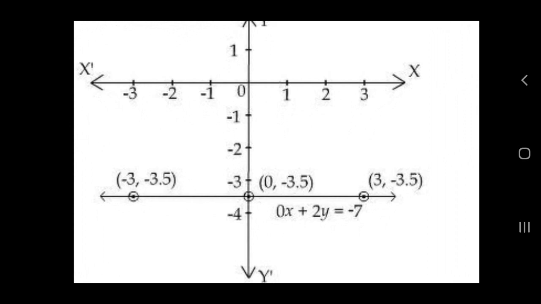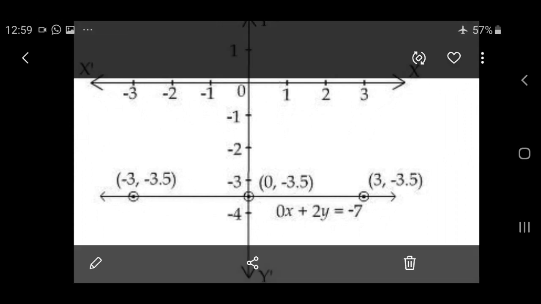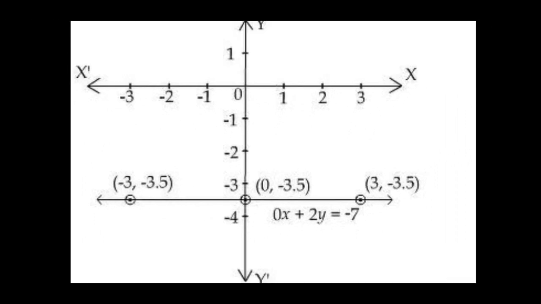But in this case, our graph, this line, is not meeting the x-axis. So this polynomial has no root, no zero. Another word for zero is root. Have you all understood why it has no zeros? Because our graph is not meeting the x-axis. I have already told you, in the case of a linear polynomial, sometimes there may not be any zero.